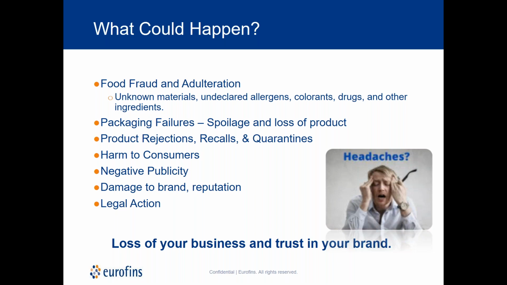Negative publicity, I'll probably say that 3 or 4 times, but I've seen it destroy companies literally in just a matter of days or weeks. Damage to your brand or reputation, which is difficult to get back, especially in the day and age of social media. And in many cases, legal action or insurance claims. So we don't want that to happen. Of course, headaches for all of us who have to deal with it in the middle.